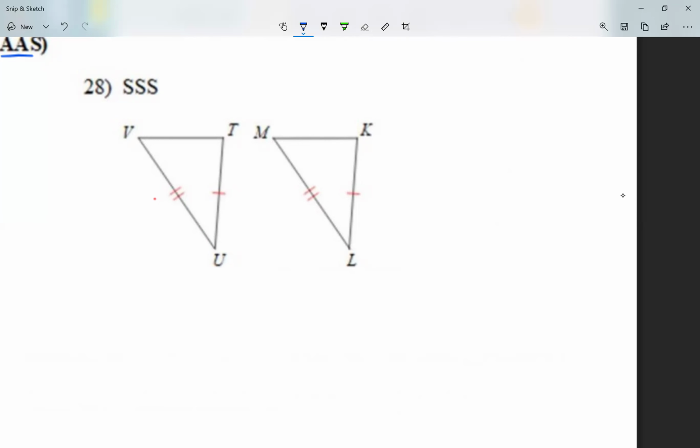So here I have to write this as side, side, side. So all three sides have to be marked. I know side, side, side is from yesterday, but remember I'm adding all four rules. So from one triangle, I need this side, and the other triangle, I need this side. So I'm going to say VT is equal to the side MK. All capital letters.